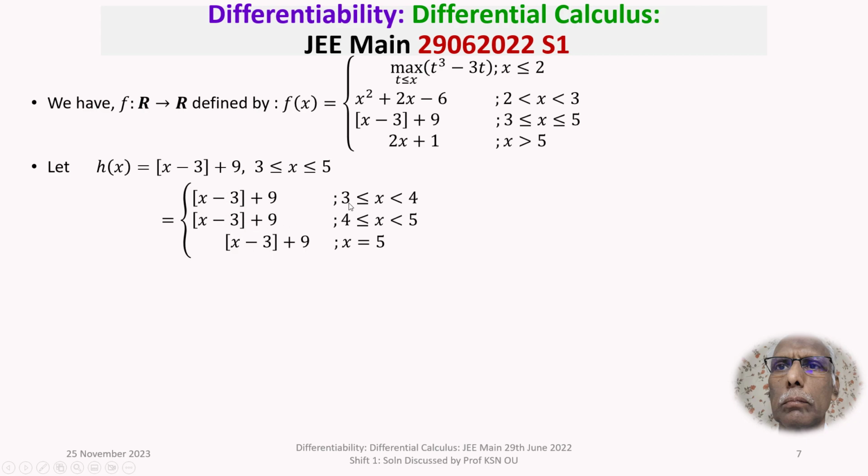In the interval 3 less than or equal to x less than 4, the bracket of x minus 3 is 0. In the interval 4 less than or equal to x less than 5, the bracket of x minus 3 is 1.